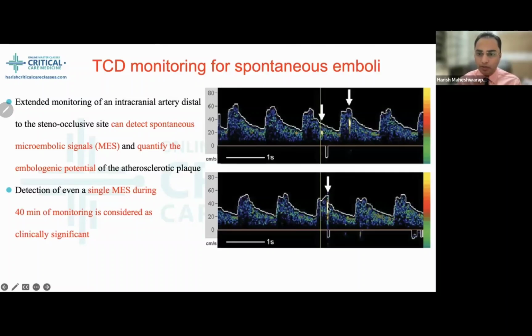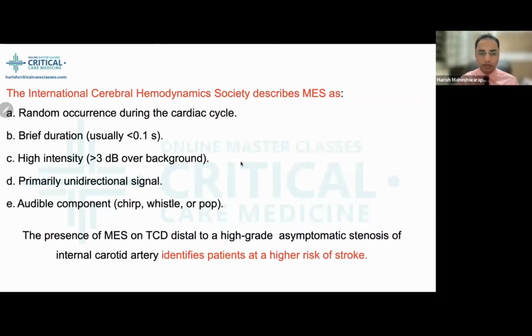So this is how it appears. These are the microembolic signals generated from the distal part of the steno-occlusive vessel, which tells us there is more embologenicity. If you have monitored for 40 minutes and you get one signal like this, you have to be very careful. It gives an idea about the high risk for stroke.